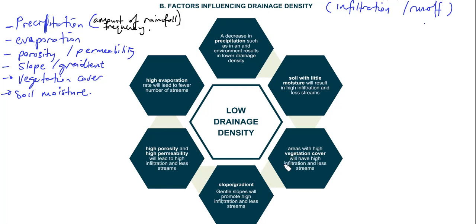So flat surfaces favor infiltration, and steep surfaces favor runoff. Once runoff is favored, what happens? High drainage density. So we can associate low drainage density with high infiltration.